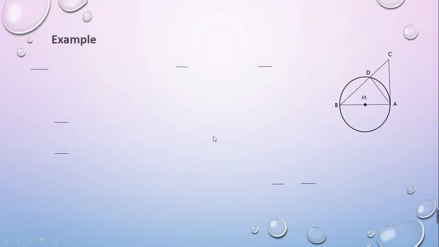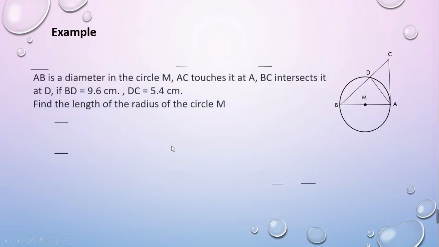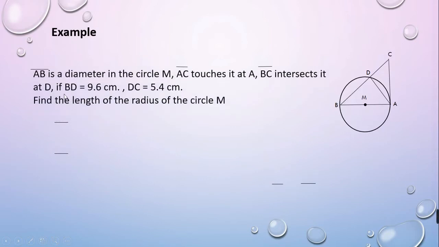Okay, let's go to our first example on page 99. AB is a diameter in a circle M. AC touches it at A. The line touches the circle at one point, so this line we call a tangent, and A is called the point of tangency.